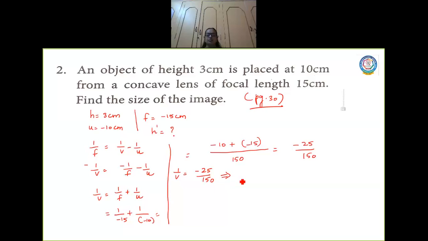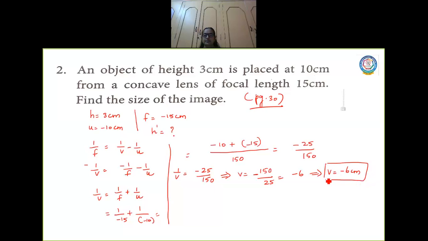What is v now? v will be 150 by minus 25. 150, 6 times it goes. So it is minus 6. So what is the value of v? v will be minus 6 centimeter.